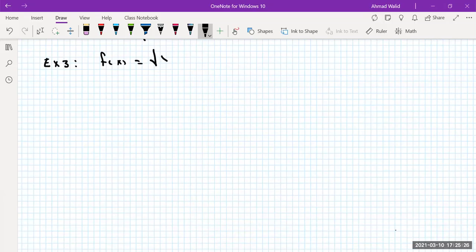Let me give you a simple one that you saw before: f of x equals x plus 1 cubed minus 2.